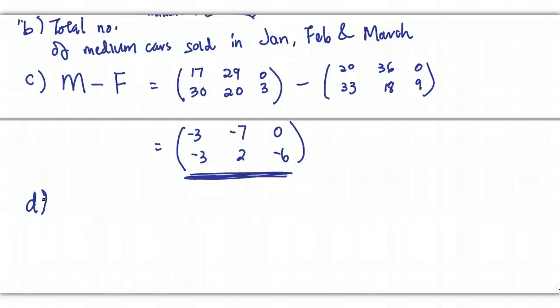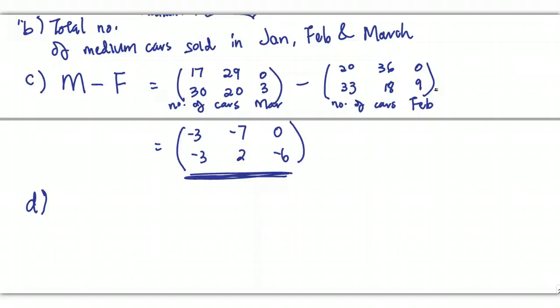Now, remember, M represents the number of each type of cars sold in March, and F represents the number of cars of each type that are sold in Feb. So if you take M minus F, you are actually finding the difference of the cars of each type sold between March and February.